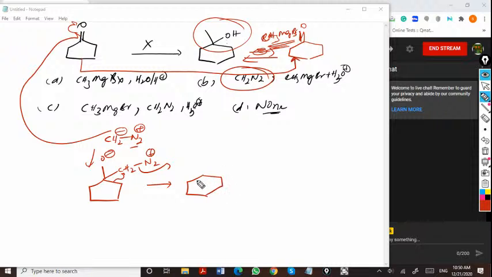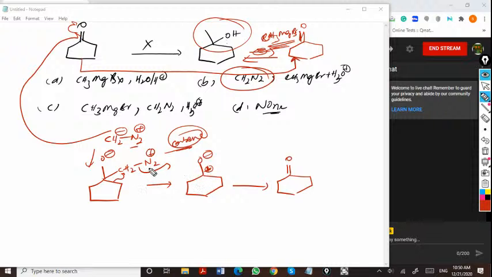CH2 is added up here, and O minus will be here, so there will be a positive charge here. Plus and minus together will form a carbene. If you see the deep mechanism, there will be carbene formation, which I am not discussing. I am just giving the overall reaction pathway.